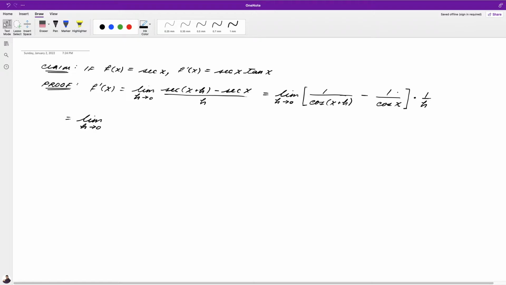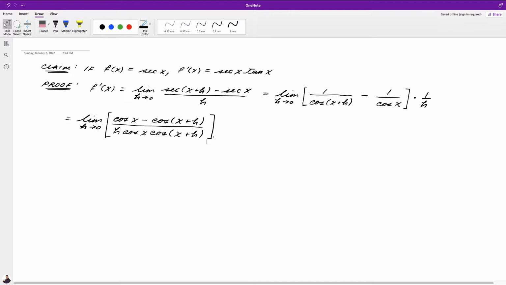So we got the limit as h goes to 0 of cosine x minus cosine of the quantity x plus h, all divided by, there's an h down there too, let's not forget that, h cosine x cosine of x plus h. Very good. So all of this now, nice and compact, over that common denominator. Let's check our work, make sure that this is all free from error. Looks good.